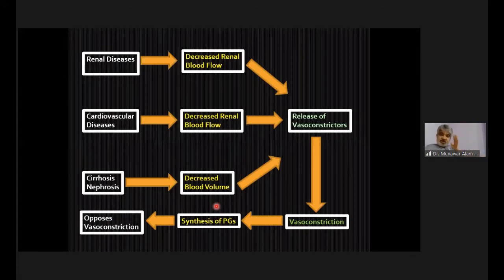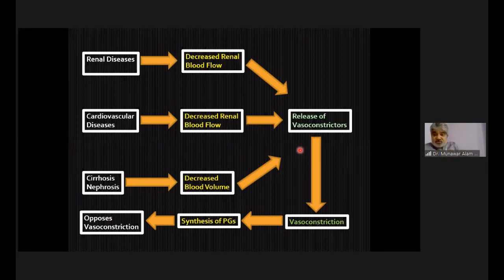When in this condition we use the anti-inflammatory drugs, which definitely act on the synthesis of the prostaglandins, you are going to abolish the vasodilation which is being produced in response to this vasoconstriction. So the vasoconstrictor causes excessive vasoconstriction, and it might cause the infarction. It might cause the renal infarction, it might cause the cardiovascular infarction.